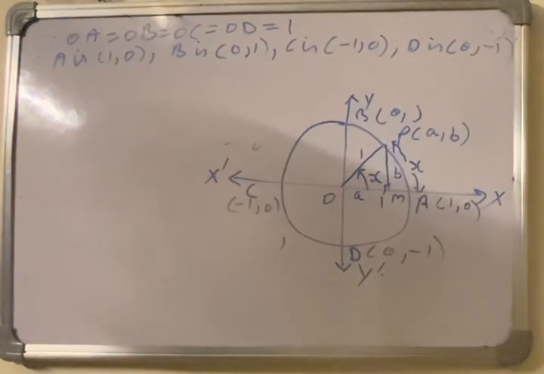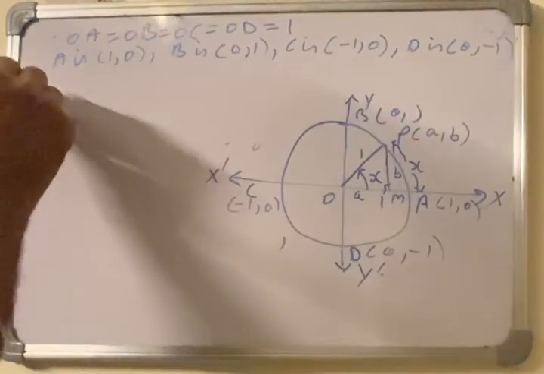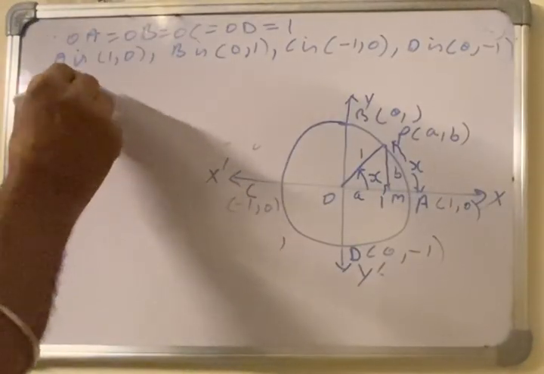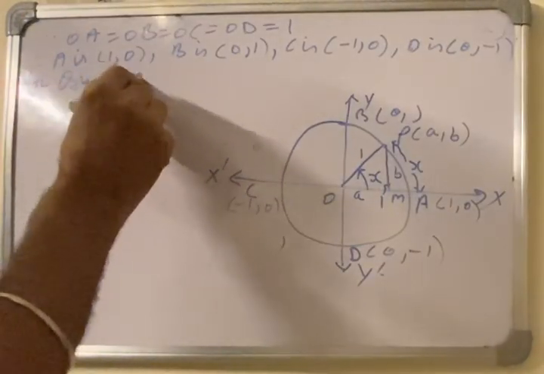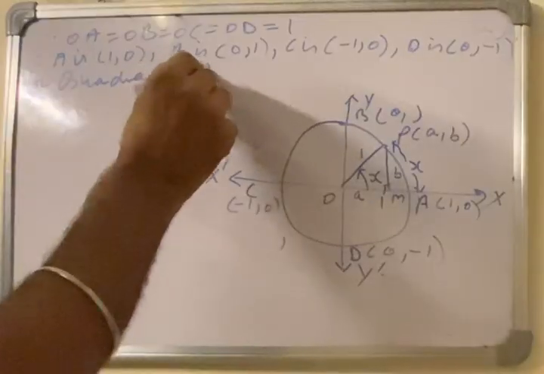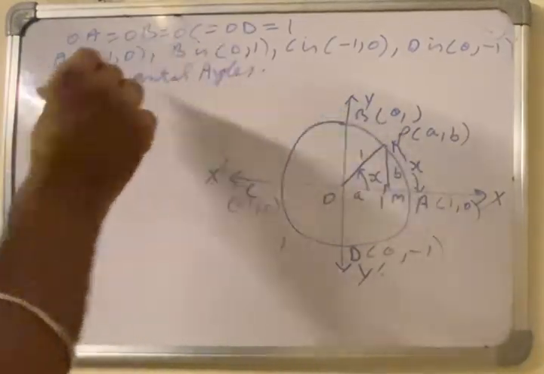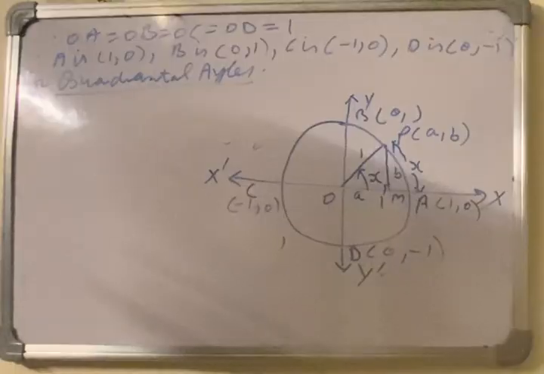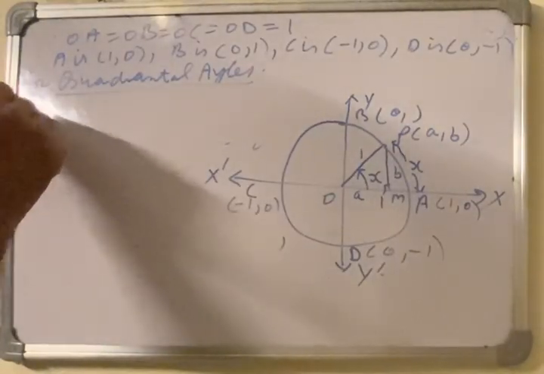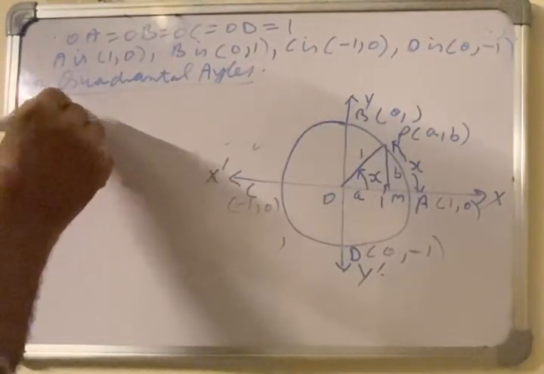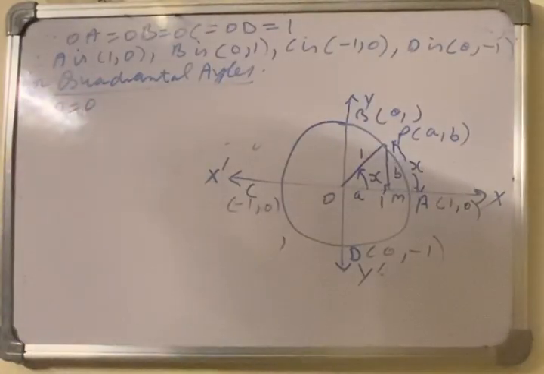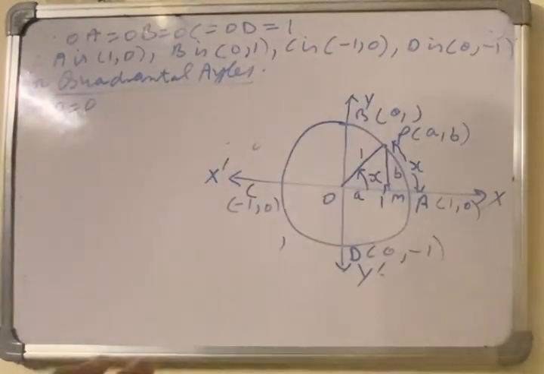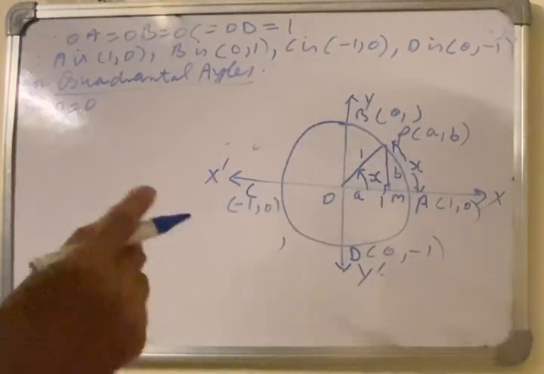Now we find the values for quadrantal angles. For theta is equal to 0 radians, theta means x.